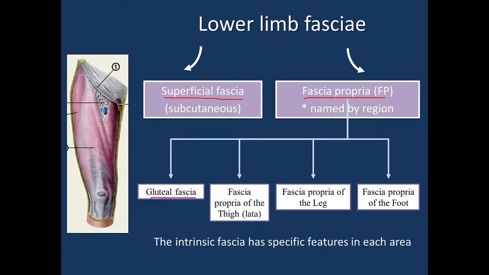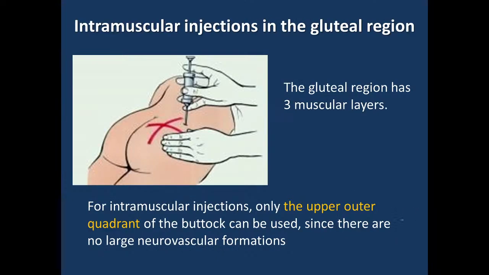Fascia of the thigh we sometimes call lata, which means wide fascia, and it is really well visible because it's strong. And fascia of the leg is also propria or intrinsic fascia, and also the fascia located on the foot here.